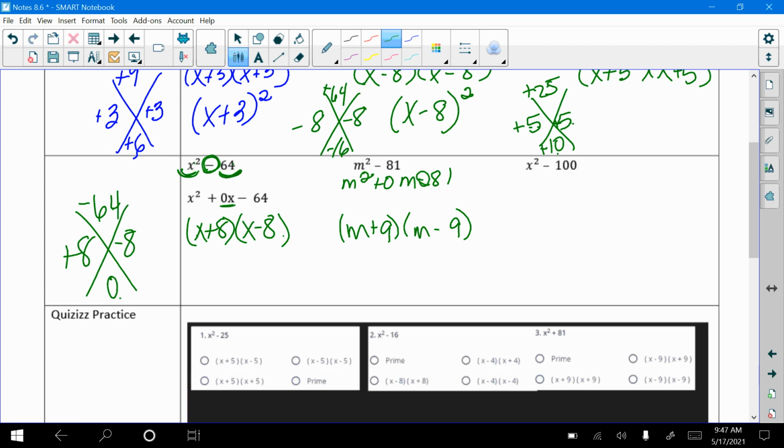This is a difference of two squares. And the last one here is going to be the same idea. X and x, square root of 100 is 10, different signs, plus and minus. I say pretty in the front, pretty in the back, like perfect and perfect, with a minus in between.